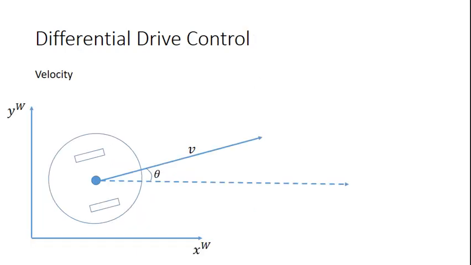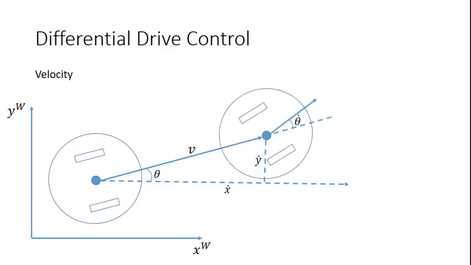Okay, so as the robot moves, we can compute its position, but we also have to consider its velocity. So as the robot moves, it's going to have some overall linear velocity and angular velocity. And we can compute the velocity semi-easily, but really what's most useful to know is the velocity along the x direction and the velocity along the y direction.